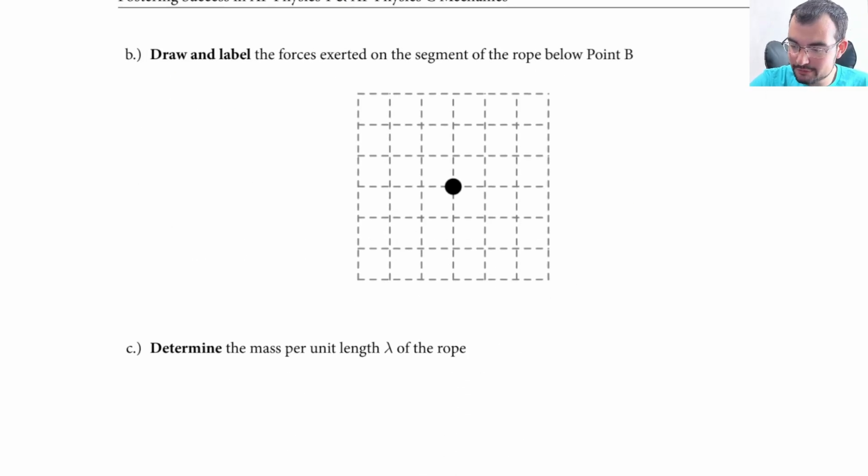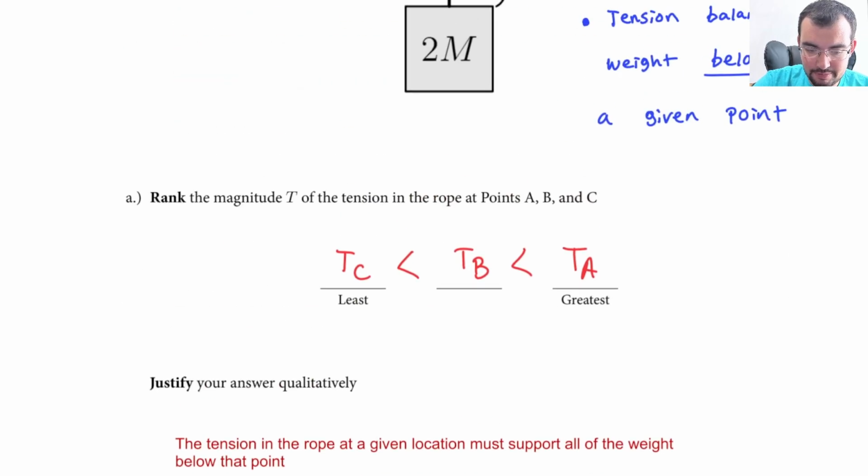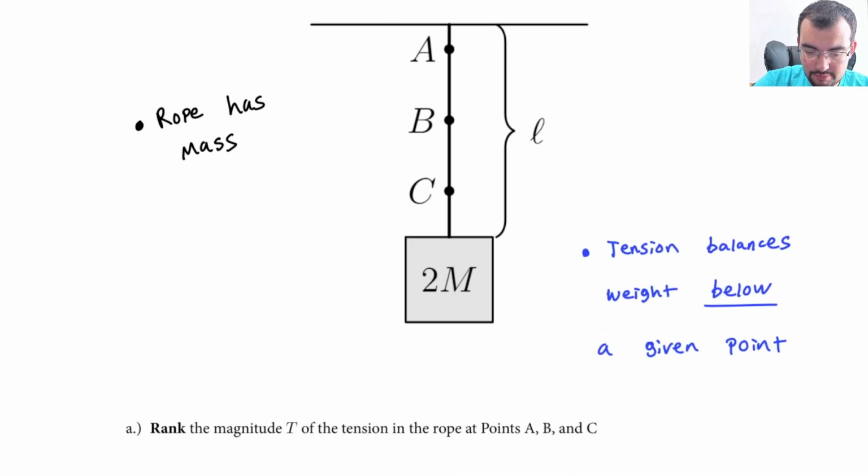All right, draw and label the forces exerted on the segment of rope below point B. So if we're being particular here, we have to name these forces a bit specially. But yeah, it's okay if we get a different free body diagram.